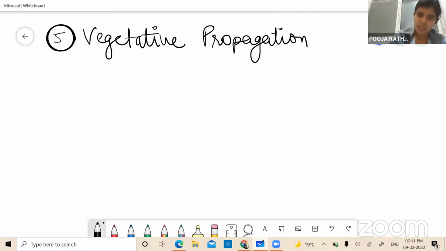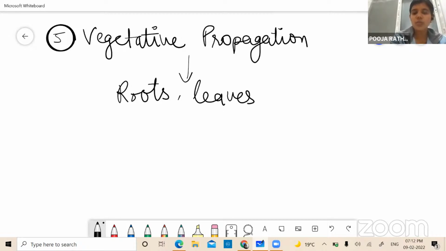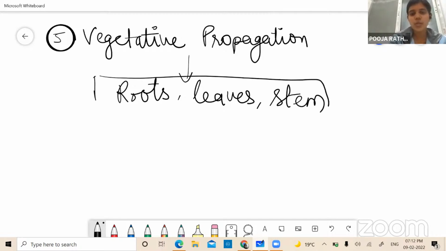And it could be through roots, or through leaves, or through stems. These are the different means through which vegetative reproduction can be done.